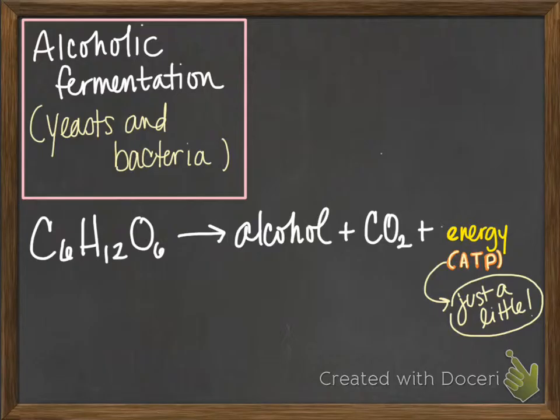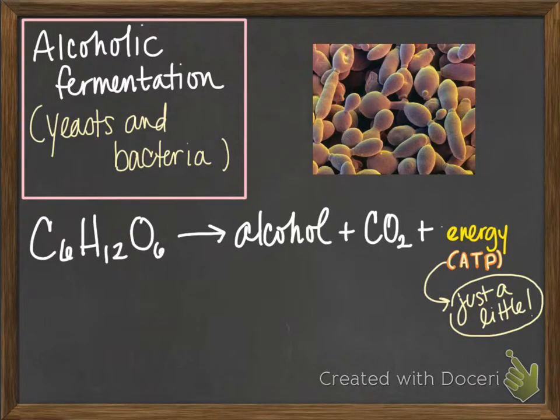Not ideal, but for these yeasts, and that is in fact a picture of live yeasts, it's their best pathway to getting ATP. Some ATP is better than none. Now, humans have used yeast and bacteria that perform alcoholic fermentation for tens of thousands of years.